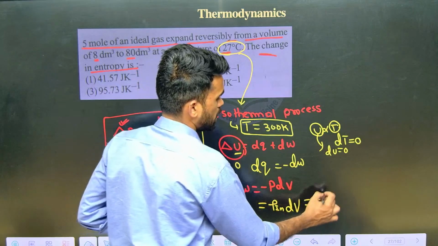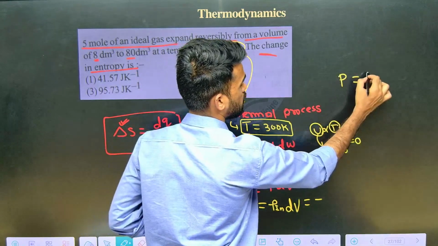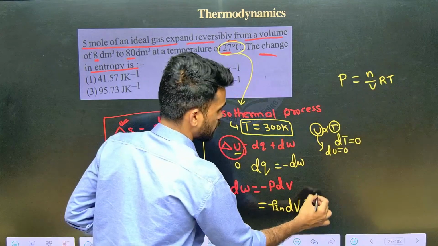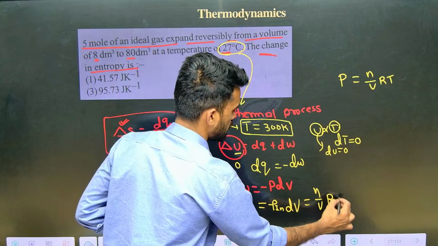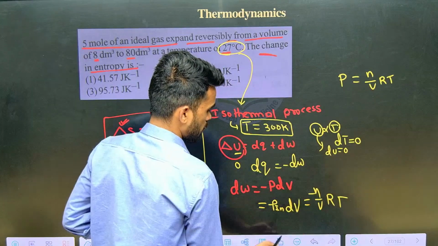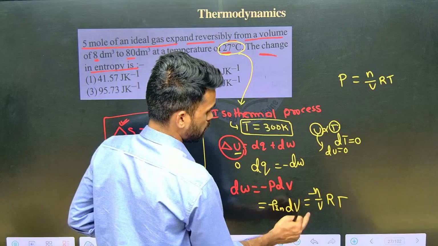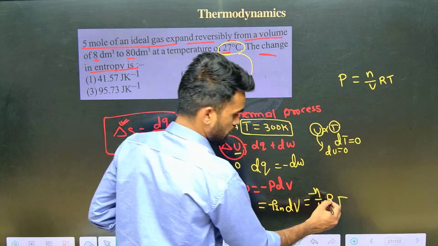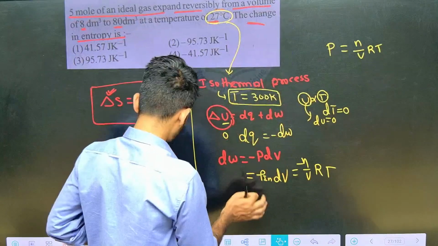Ideal gas PV equals nRT, so from that n by V RT we can write in the place of P. So n by V RT into dV.